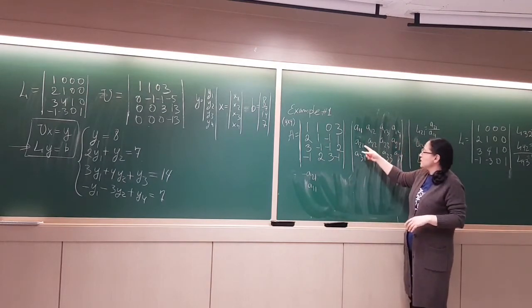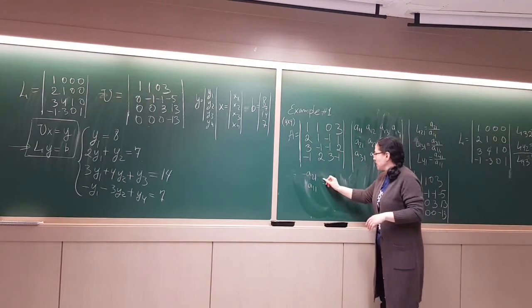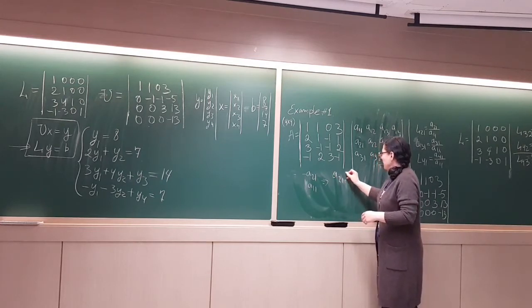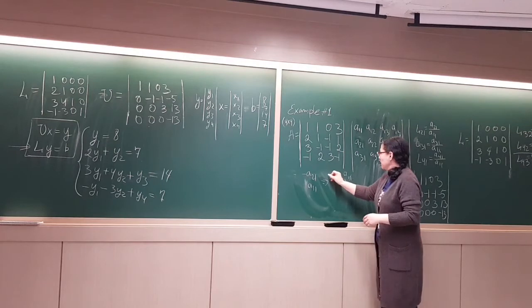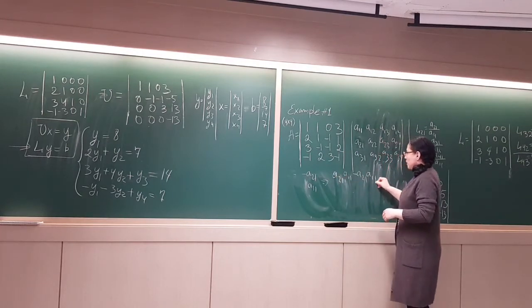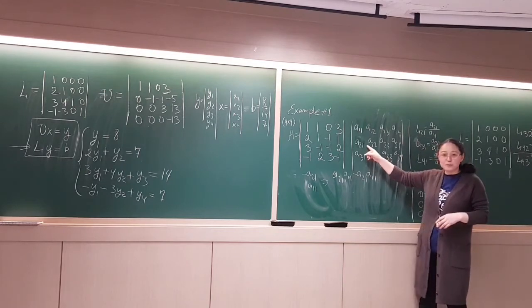If we do this, the result is A21 A11 minus A21 A11. Then automatically it will be 0, right?